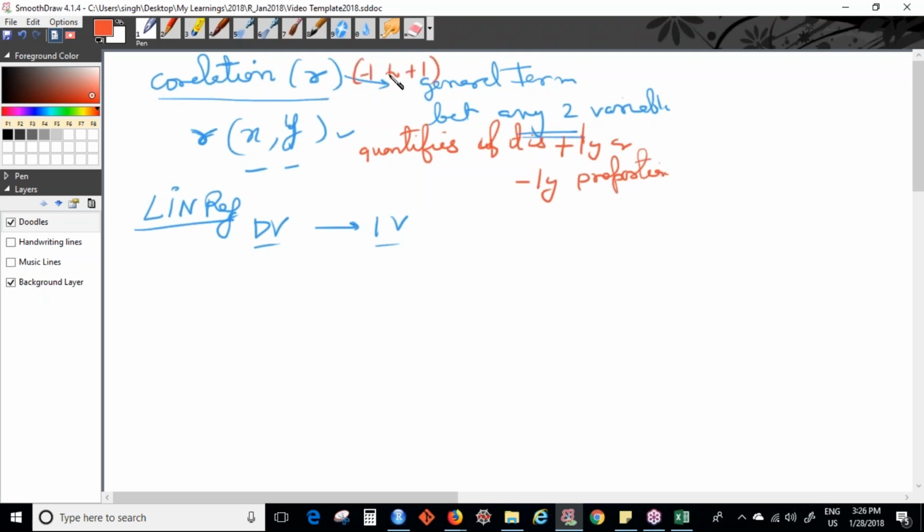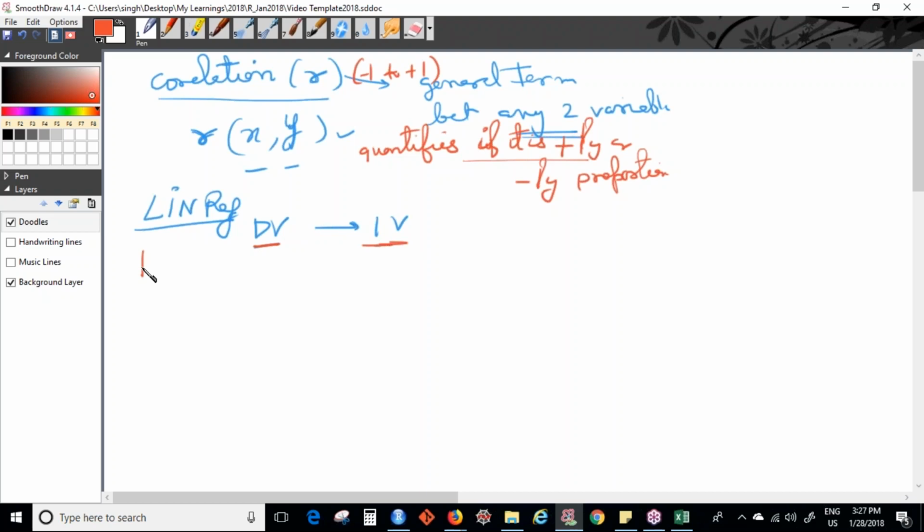Correlation just quantifies what we studied in school, whether it is positively or negatively proportional. It gives a number to that. But linear regression finds the same quantity between two specific variables, the dependent variable and the independent variable.